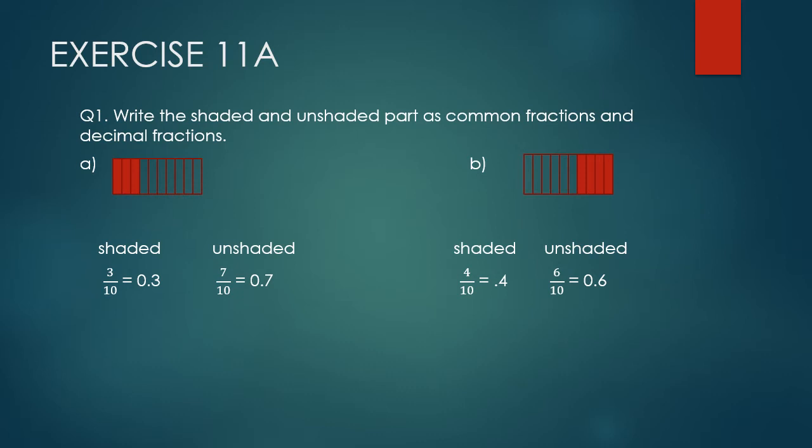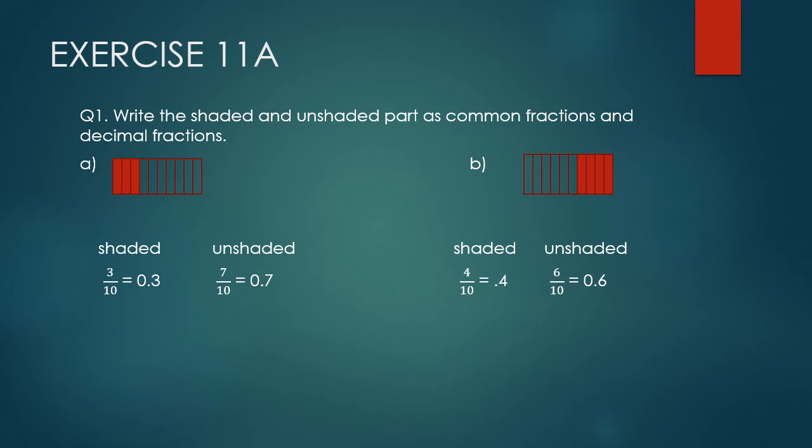Now see the B part. Here again, we have divided this rectangle in 10 equal parts and 4 are shaded and 6 are unshaded. So we'll write the shaded part as 4 upon 10 in fractional form, and in decimal form, we'll write it as 0.4.